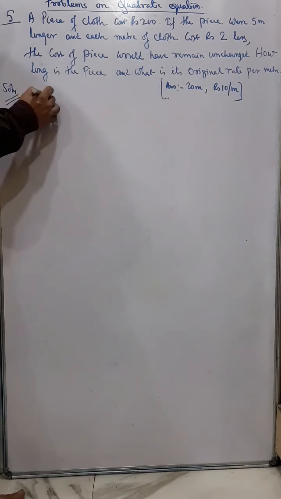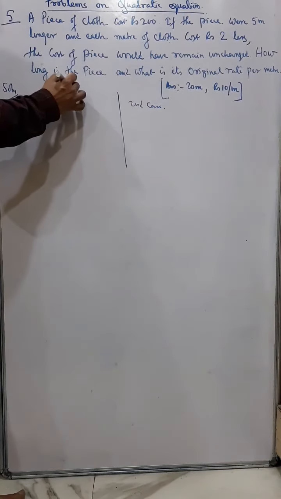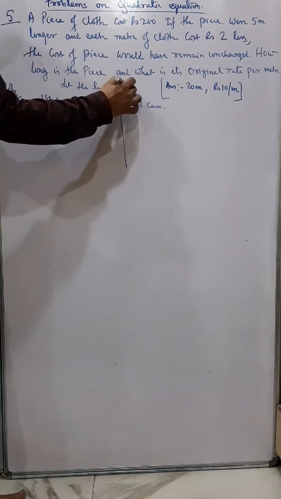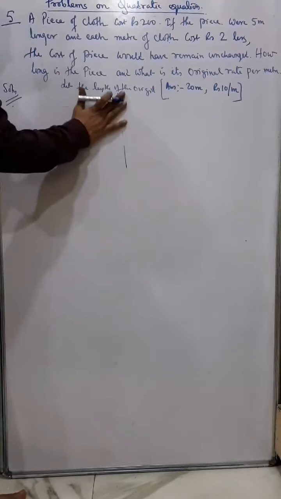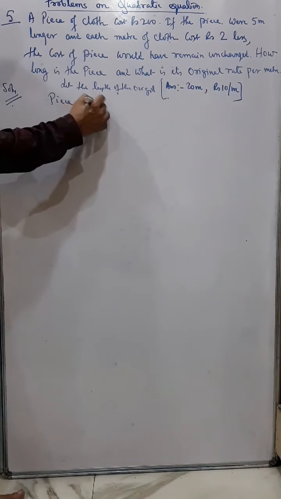Now if I divide this into first case and second case, then you can understand what they are telling. Let the length of the original piece be x meters. This is the original piece, the piece of cloth costing rupees 200.